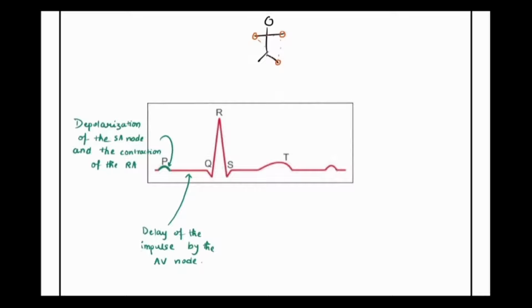So this delay ensures that the contraction of the right atrium is complete, and all of the blood is drained into the right ventricle. Right. So this is the significance of the delay.